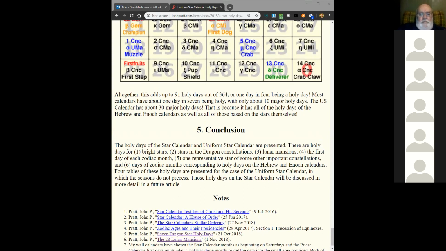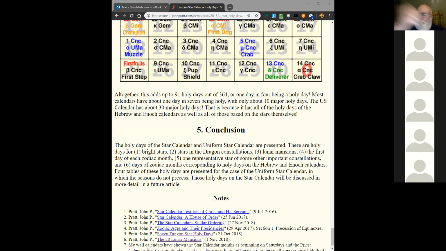And now the next one, I'll even tell you the next paper and then open it to one more question. The next paper, God willing, and God helping, is going to be this: the calendar in this paper is just the uniform calendar. The actual star calendar goes through the seasons.